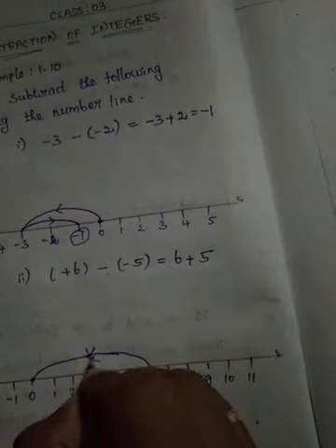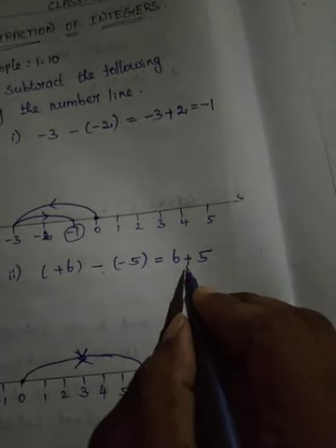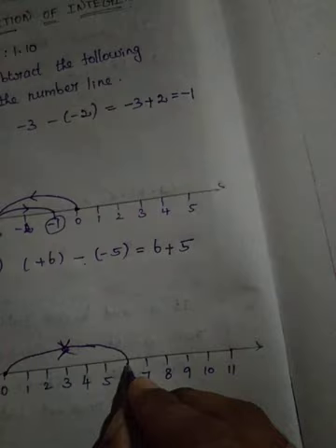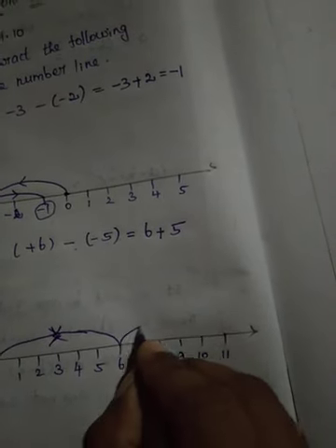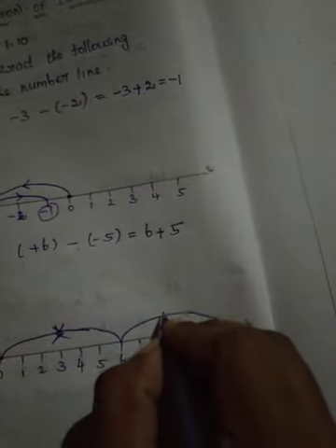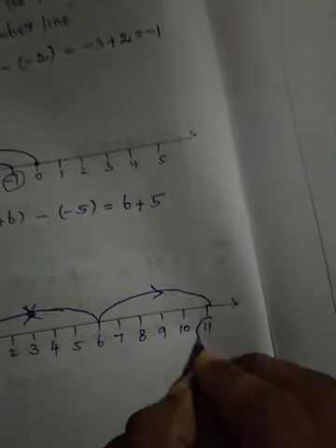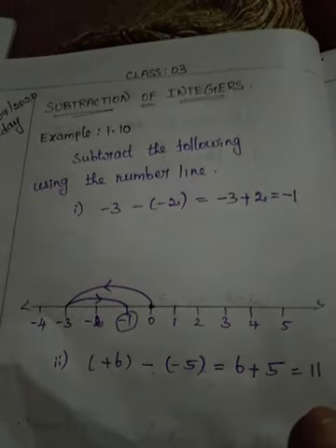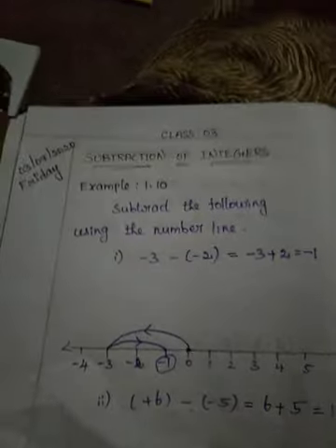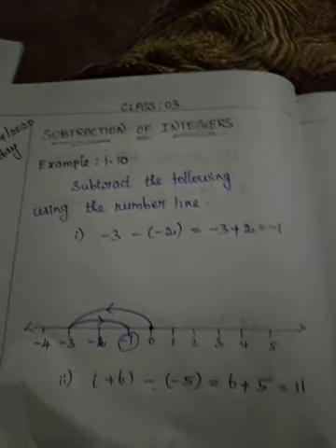Again you are going to move plus 5: 1, 2, 3, 4, 5. What is the answer? 11. 6 plus 5 is equal to 11. So this is an example for explaining subtraction of integers by using the number line.